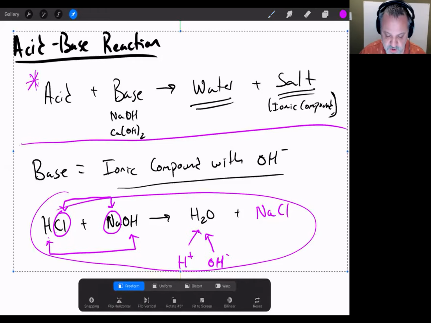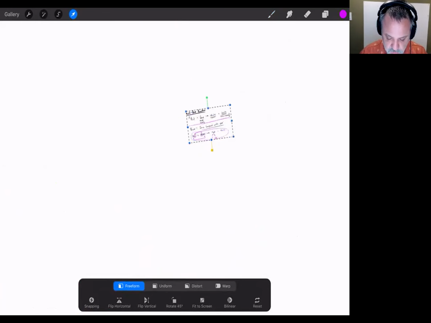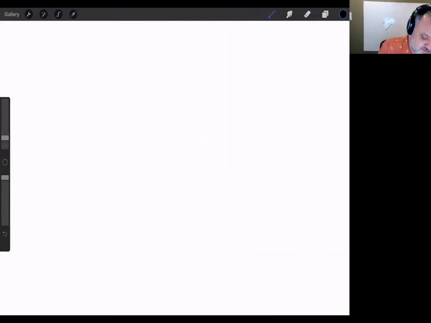So let's go ahead and try some of these reactions, and do complete and net ionic equations for it. So let's do an example.